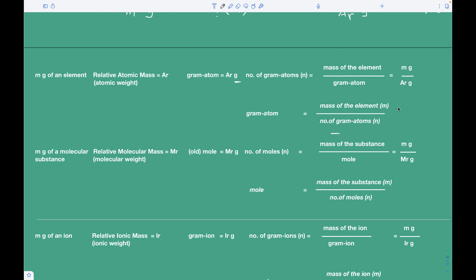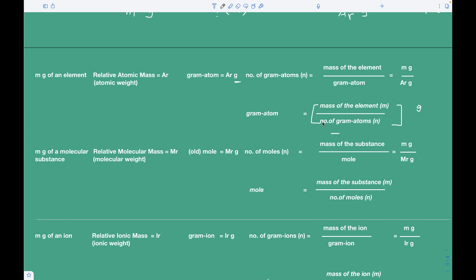Gram atom is the ratio between mass of the element and number of gram atoms. The unit for the quantity present in the numerator is gram, and the quantity present in the denominator does not have any units because it is a number. Number of gram atoms is dimensionless. So the unit of this ratio is grams as expected.